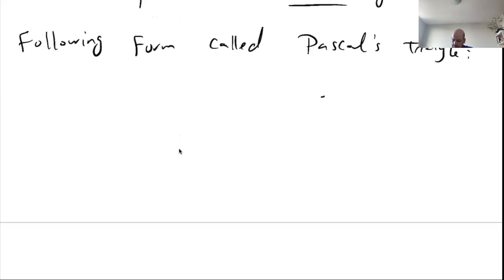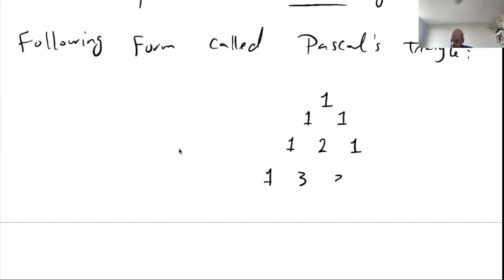So this is the triangle. We have 1 here and 1 here. And then we got again 1 here. And 1 plus 1 is 2. And again 1 here. Now again 1 here. 1 plus 2 is 3.